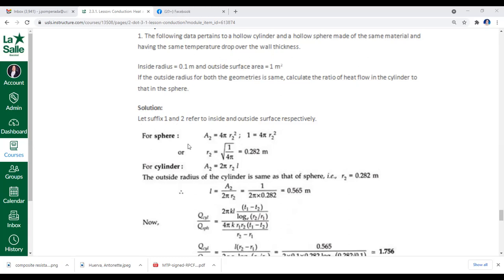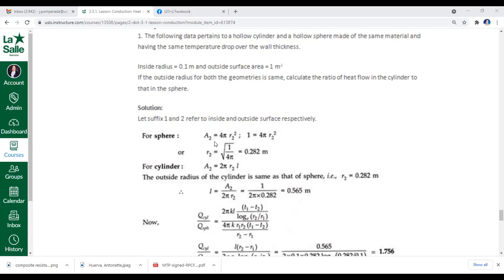So you have to use first the formula for the surface area of the sphere, which we know to be 4 pi r squared. The r that you're going to use is the outer radius of that particular sphere, because we're talking about the surface area.